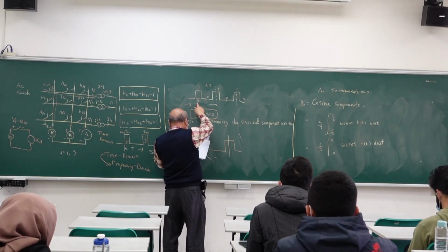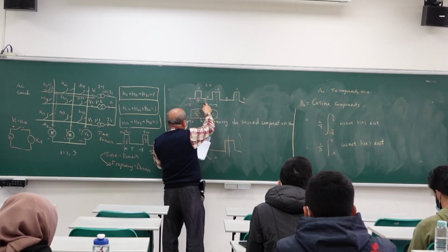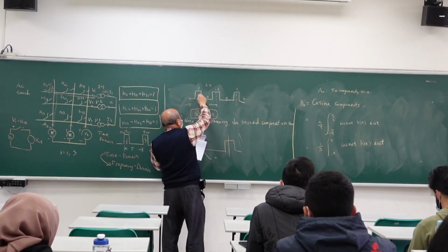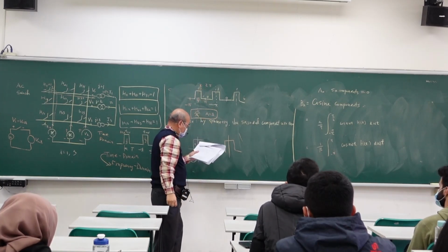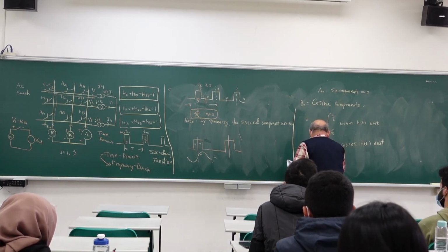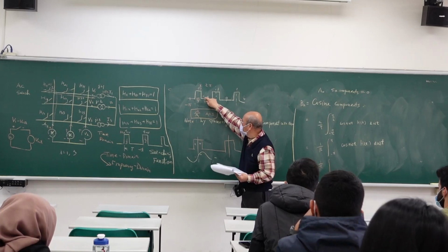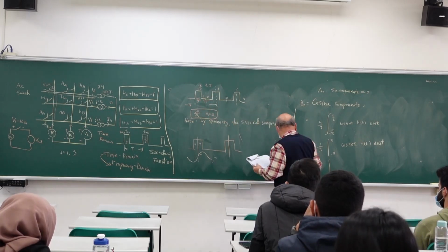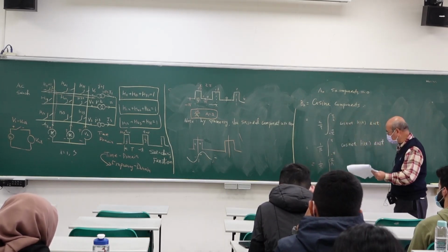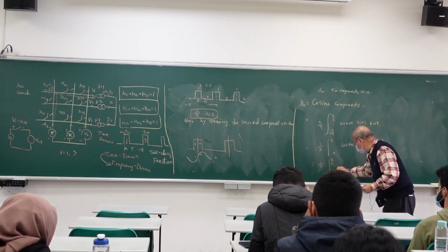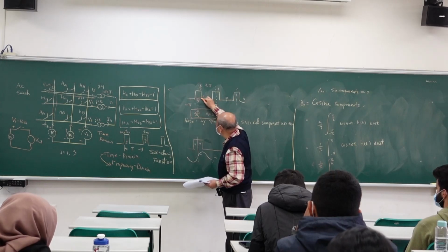So if we want to integrate from here to here, but here is 0, we only have from 0 to pi divided by a. However, this is always 0, it is useless. We only have this one. So we can say this is pi divided by a, and this is minus pi divided by a. So we integrate from this point to this point, right?